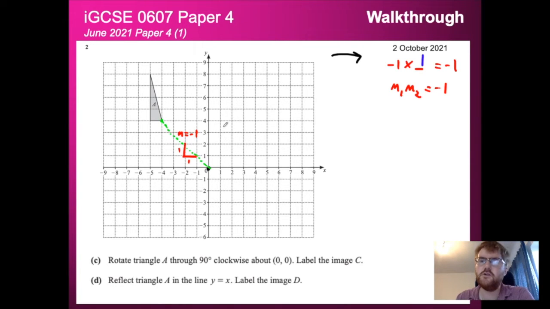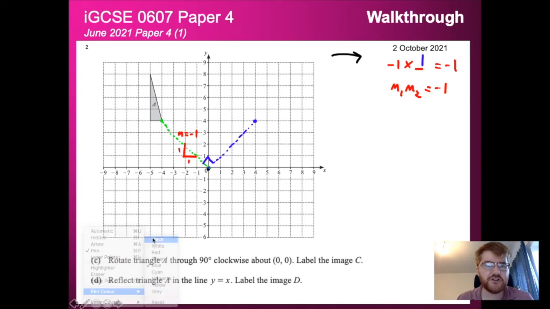So I need to draw a line that's perpendicular to this and has the same length. This is quite straightforward. We can draw a diagonal line up to 4 like so. Notice that these two lines meet at a right angle, which is what has to happen for this to be true.